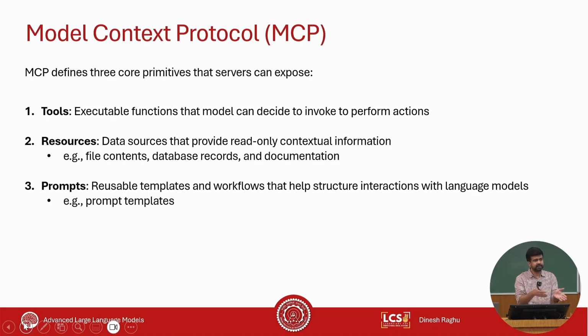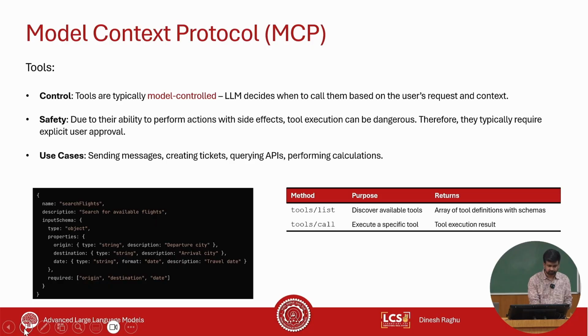It will see what prompts the MCP server exposes, and based on that, it will just reuse it as is, right? And it's not just prompts. There's a lot more things you can do as well, which I'll talk about later, right?